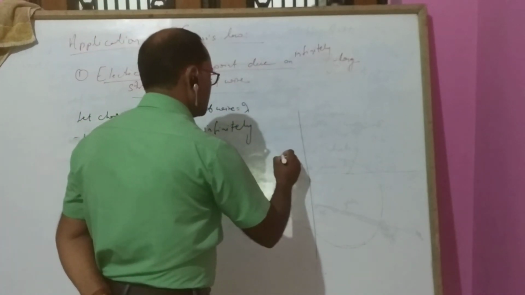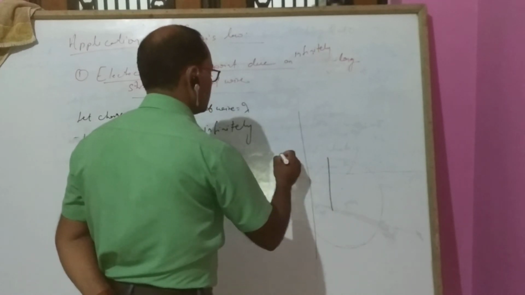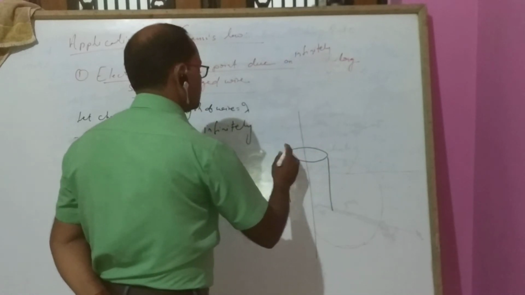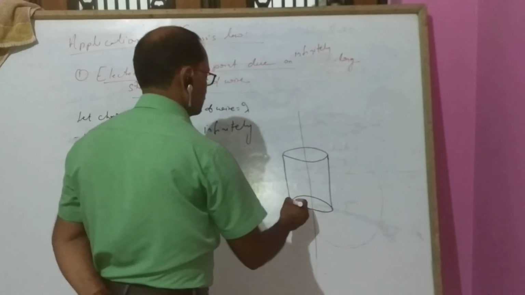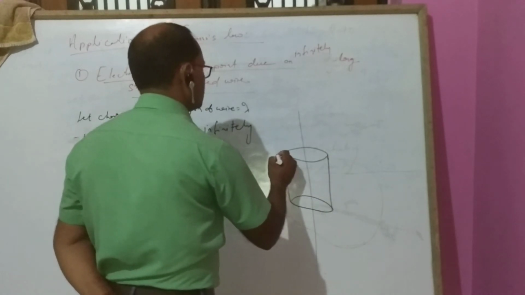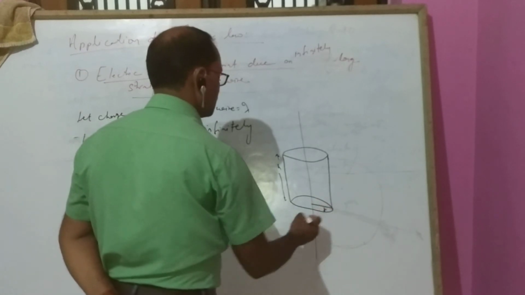Now I consider a cylinder of height h and radius r coaxial with this wire. This cylinder is of height h and the radius of the cylinder is r.